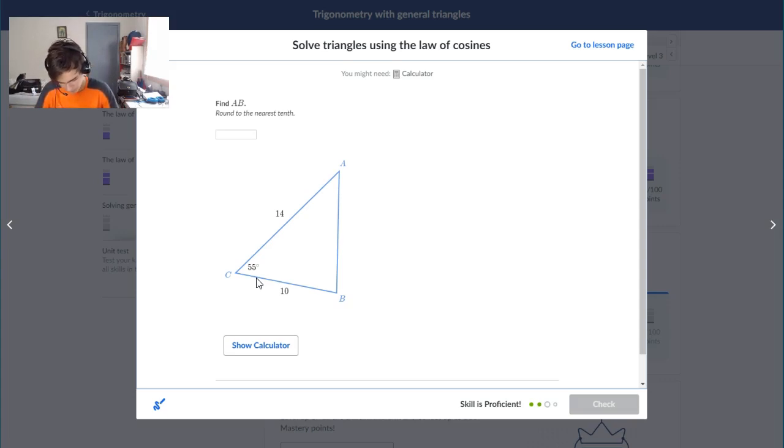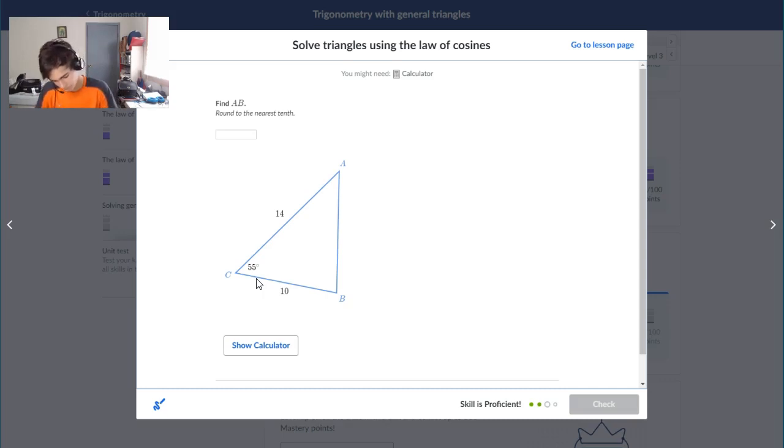So let's start by doing the simple math. 10 squared is 100, and let's see, just to check that I'm right. Yep, okay, 14 squared is 196.